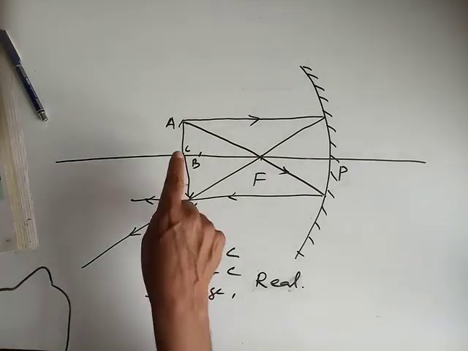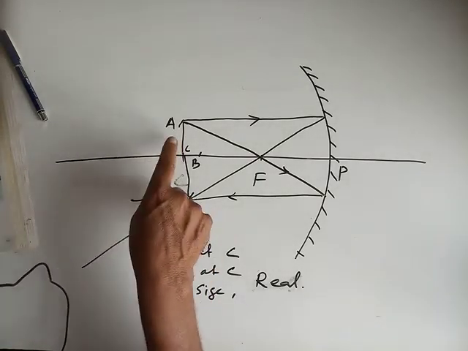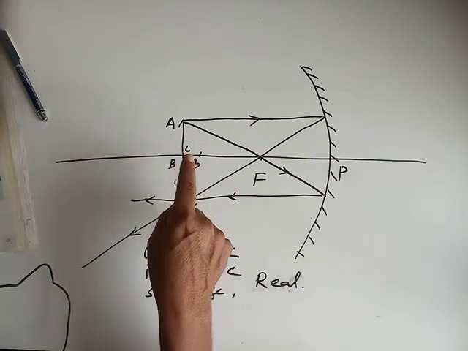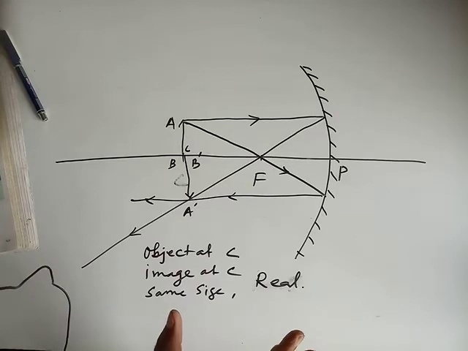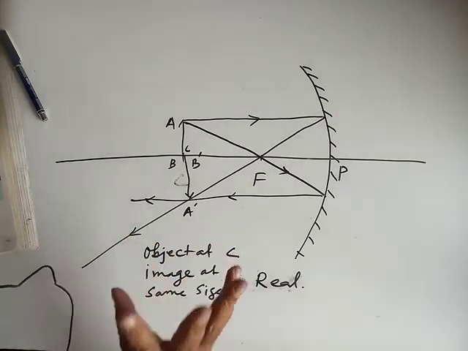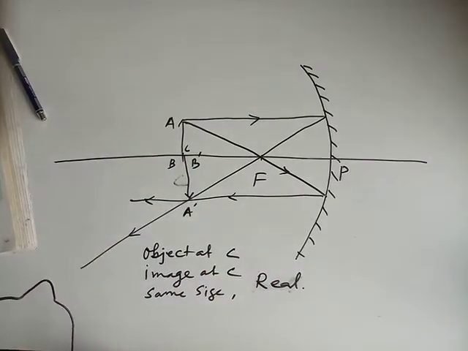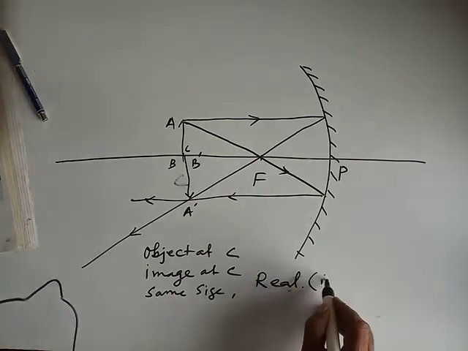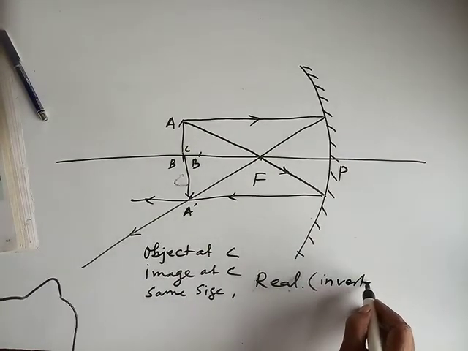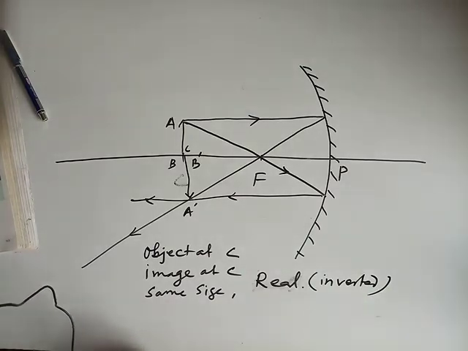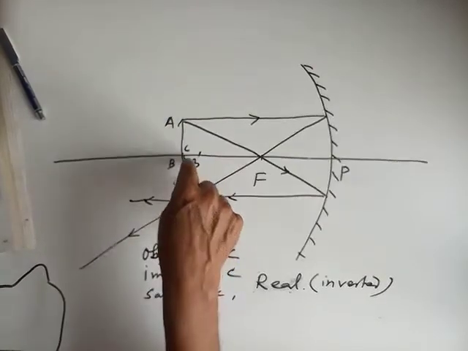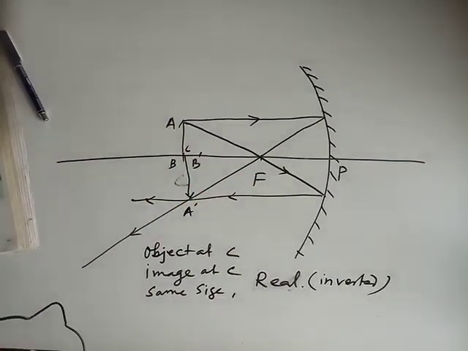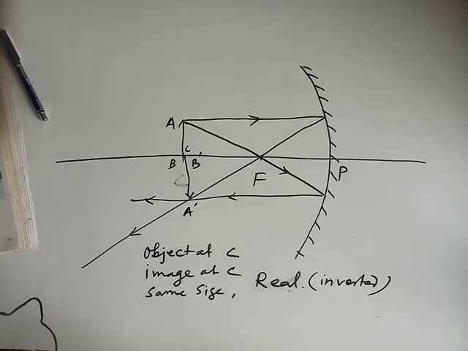Once again, when the object is above the principal axis and the image formed is below the principal axis, that will be real, and real images are always inverted. Inverted means head down and leg up. This is head, this is leg, like this. So real images are always inverted.